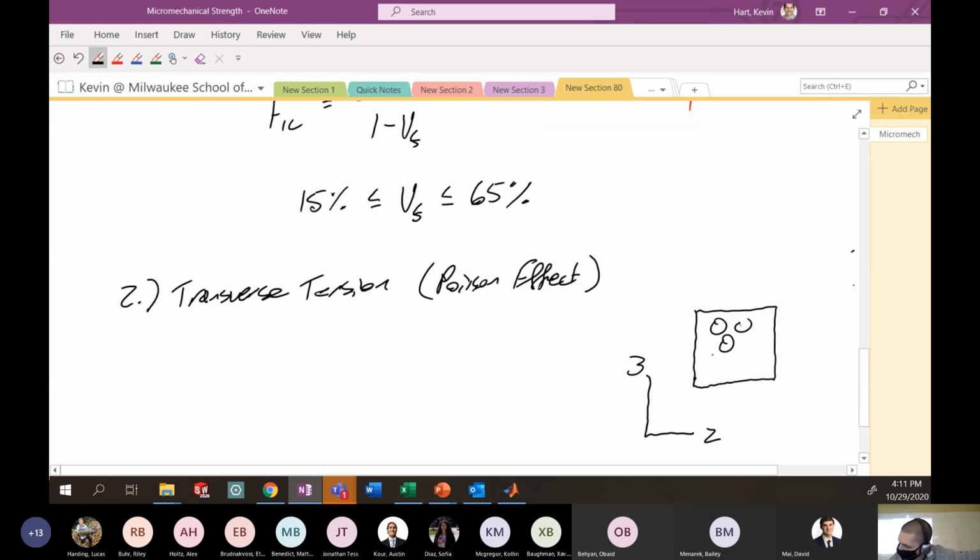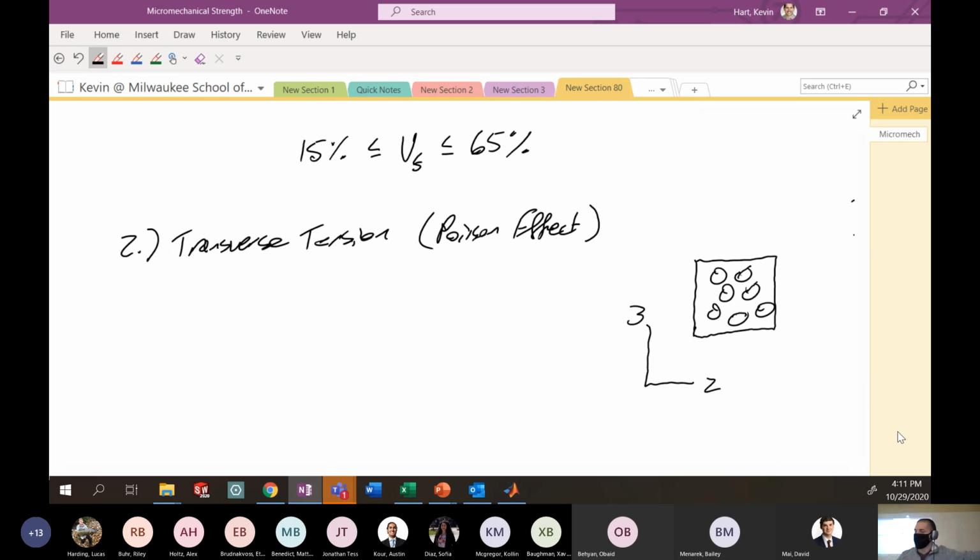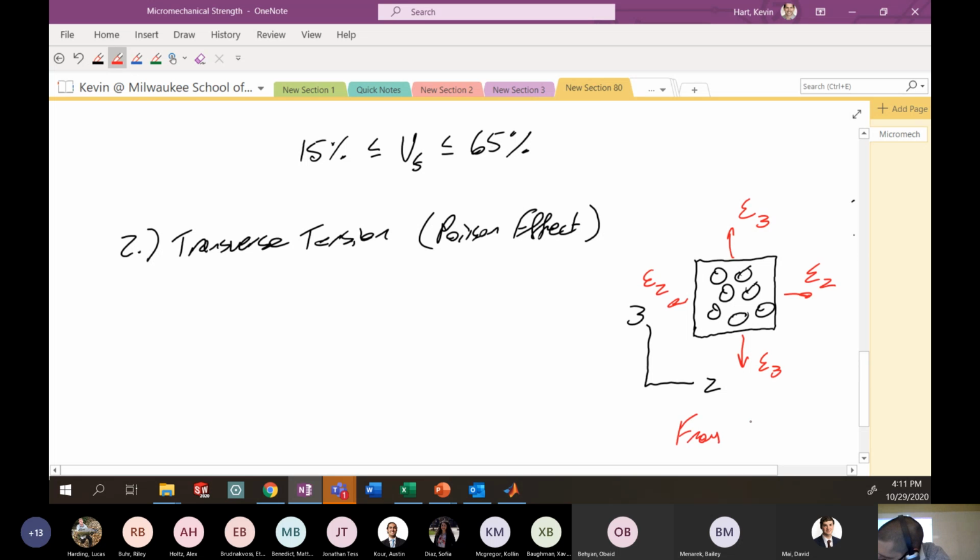Looking down the one direction, you have all these fibers in the plane here, and you're compressing into and out of the plane. By compressing into and out of the plane, you're going to create tensile strains in the 2 and 3 direction. And that's coming from this compressive stress into and out of the plane.